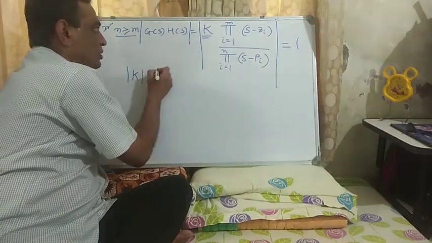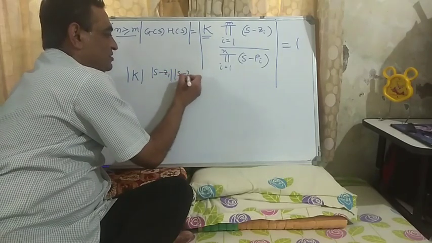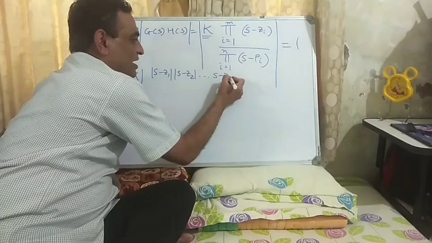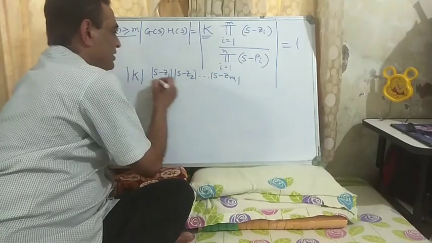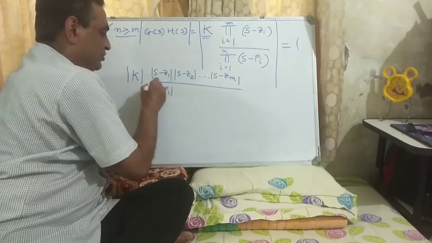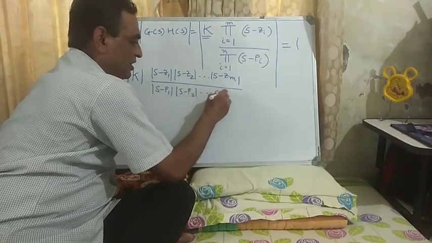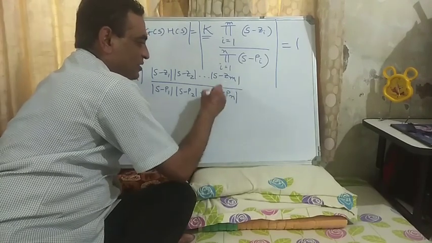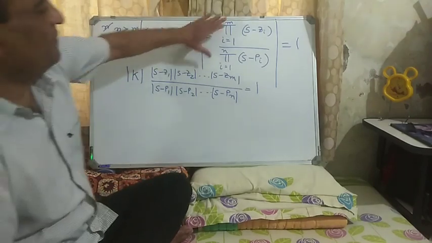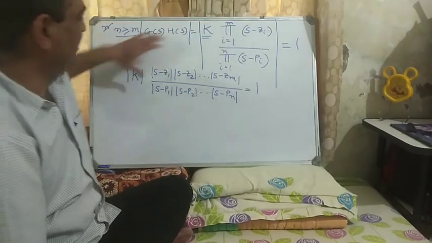into |s minus z1| into |s minus z2| up to |s minus zm|, divided by |s minus p1| |s minus p2| up to |s minus pn|, is supposed to be equal to 1. If I expand this multiplicative series, it would look like this.